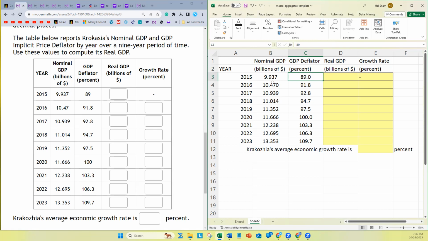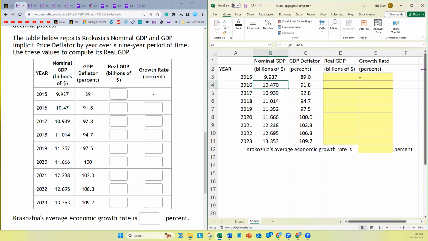The nominal GDP is the value of all the firms in the society, the value of their outputs priced in 2015 prices. And notice that nominal GDP goes up, 9.937 in my model, 10.470 in my model, right? Why is that? Because maybe prices are rising, which this is saying, right? Prices are rising.